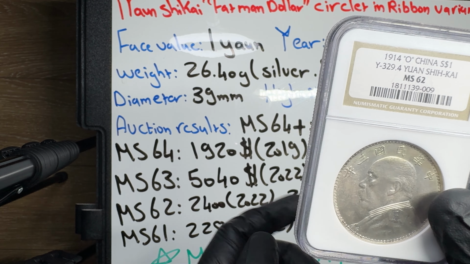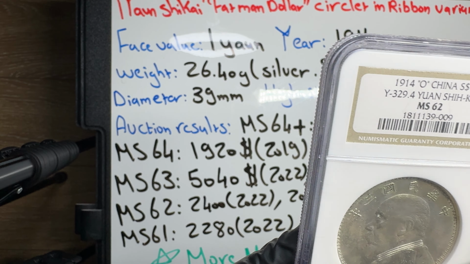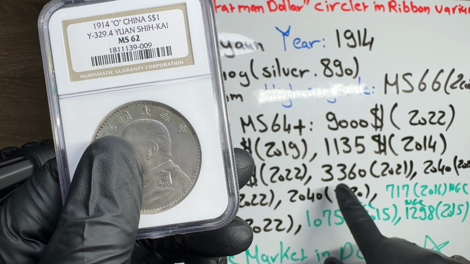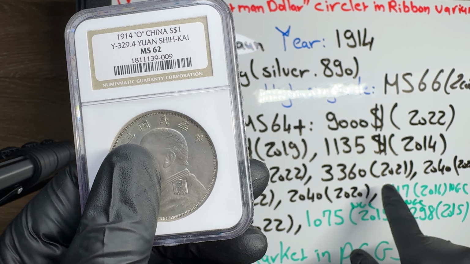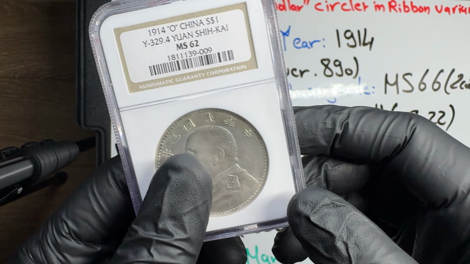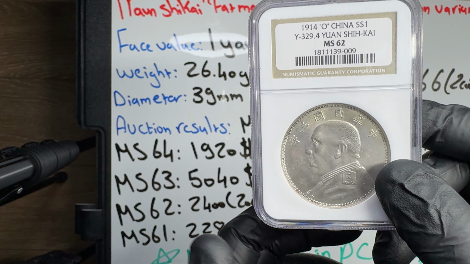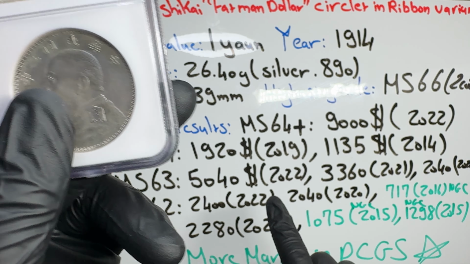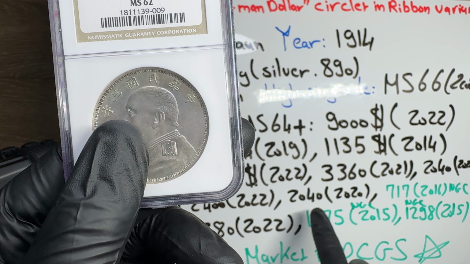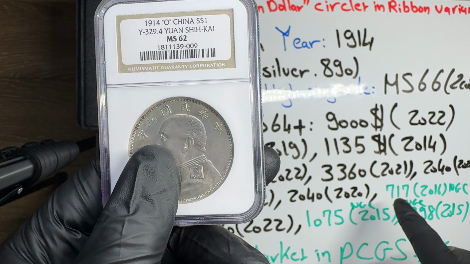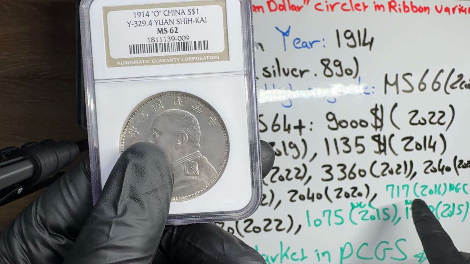MS63 was sold for $5,000 back in 2022, $3,360 in 2021, and almost $2,000 in 2020. MS62 was sold for $2,400 back in 2022, $2,000 in 2020, and $700 back in 2016.